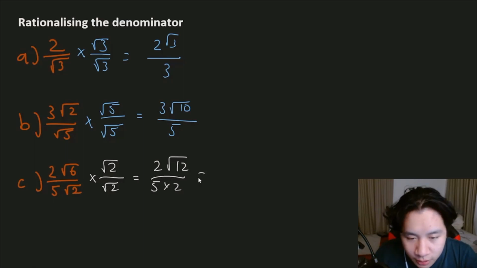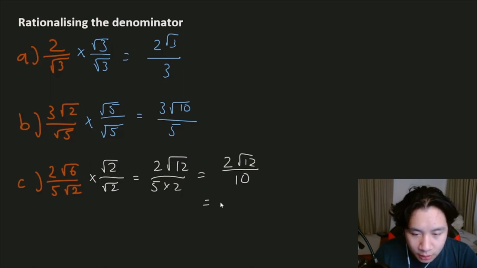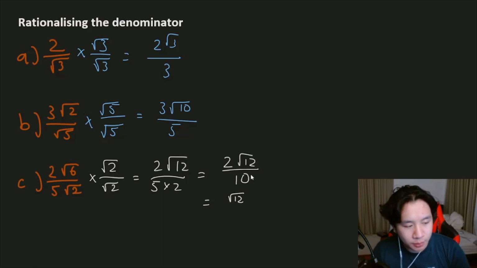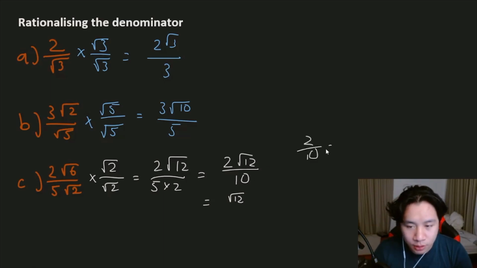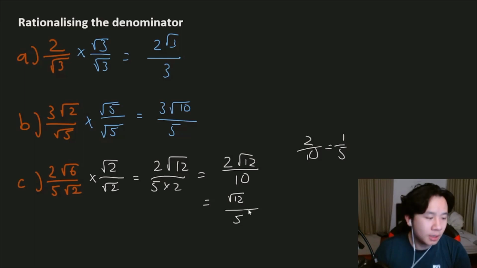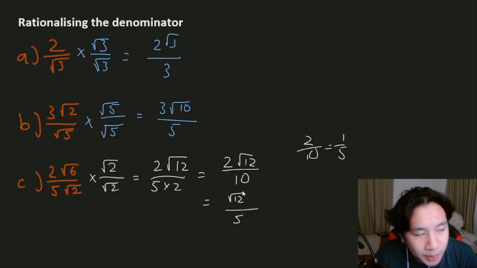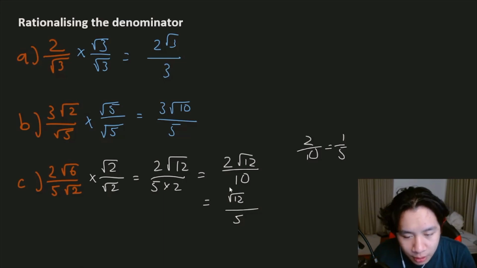And so to simplify this, I will bring everything together. Okay, and this will be root 12. So 2 over 10, if you simplify 2 over 10, that is just 1 over 5. Okay, and so I can write this as root 12 over 5. Now, I'm not done here as well because you can simplify root 12.